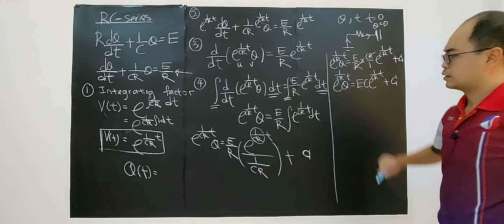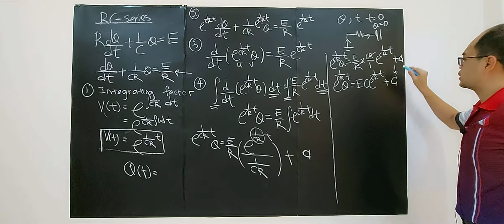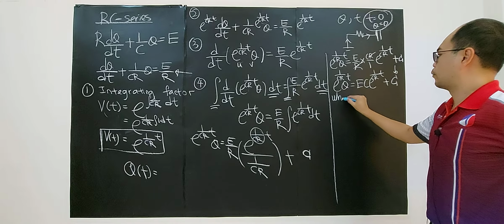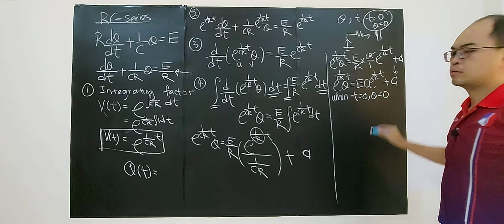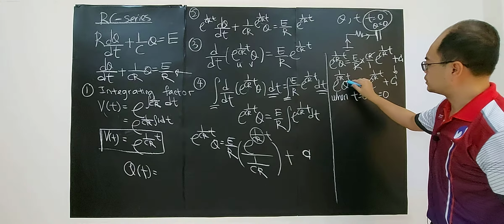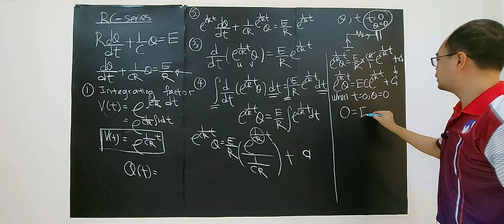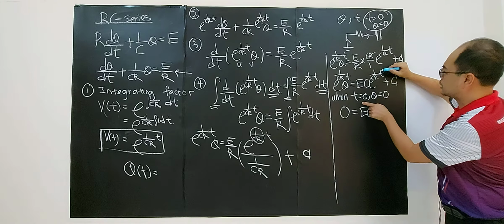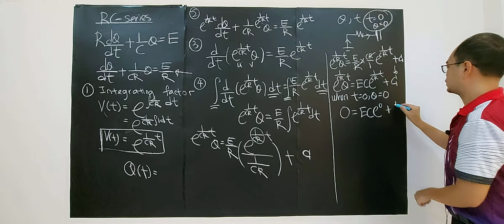So how to find this constant? We know that at time 0, there is no charge. Before you switch on the circuit, there is no charge, right? So here will be 0, and this whole thing will be 0. And with EC, e to the power of t is 0, 0 multiplied with this gives 0 plus the constant c.